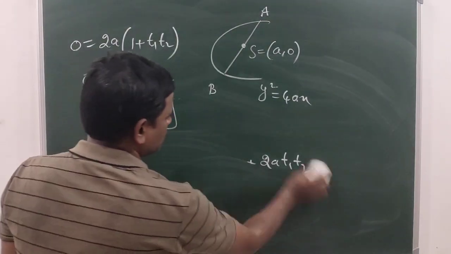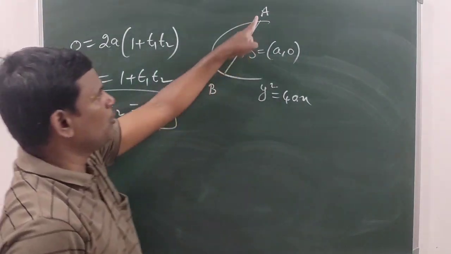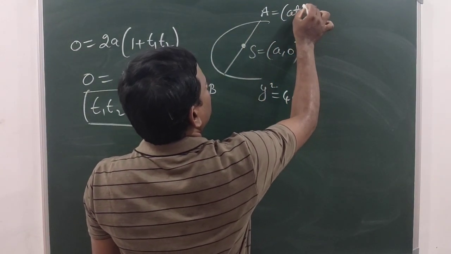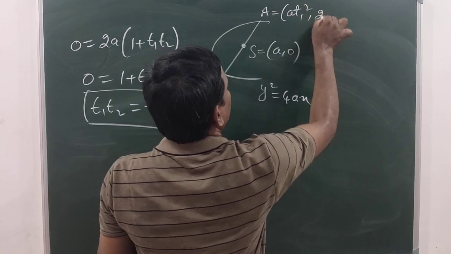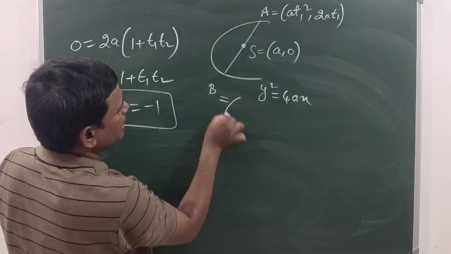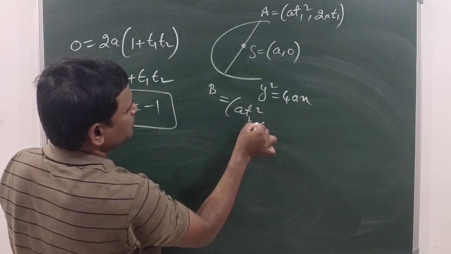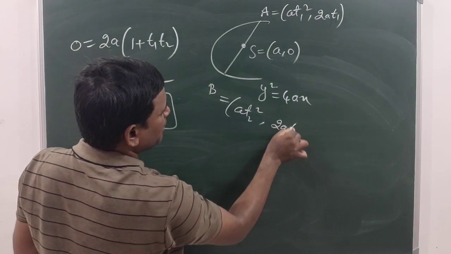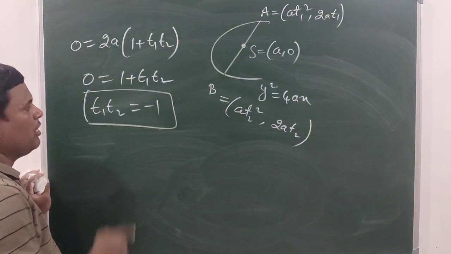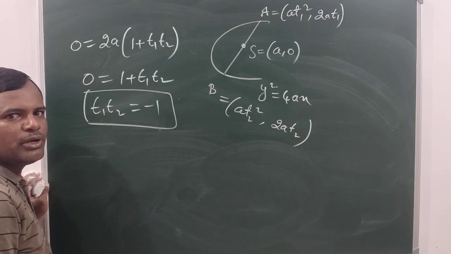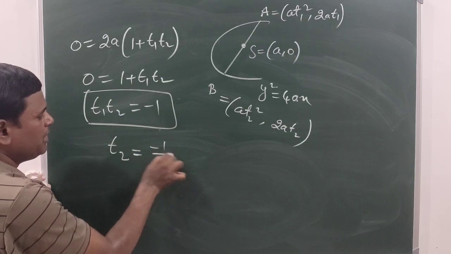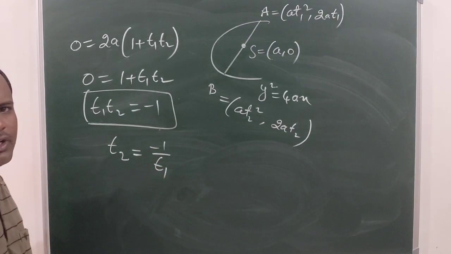Right. Suppose it is a focal chord, so one of the extremes we have taken as (a t1 square, 2a t1) and the other one as (a t2 square, 2a t2). For this focal chord we got the condition t1 into t2 is equal to minus 1. Now from this, t2 is equal to minus 1 by t1.